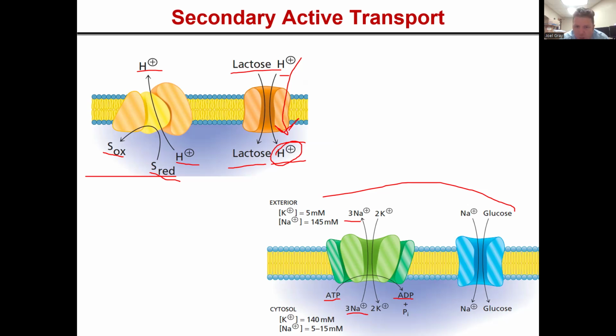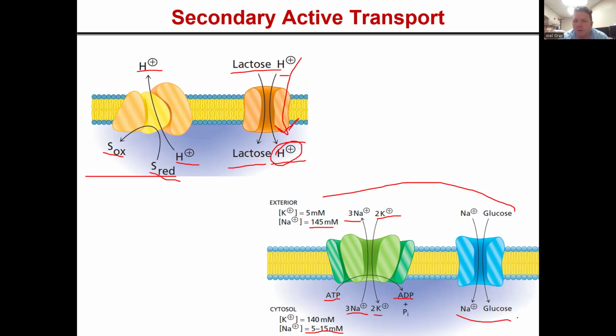So it's going from an area where the concentration was about 5 to 15 to 145 millimoles. So kind of an unfavorable move. The potassium is going from a low concentration to a high concentration. Oh man, both of those things are unfavorable. So moving those sodium and potassium ions in their respective directions is an unfavorable combination.